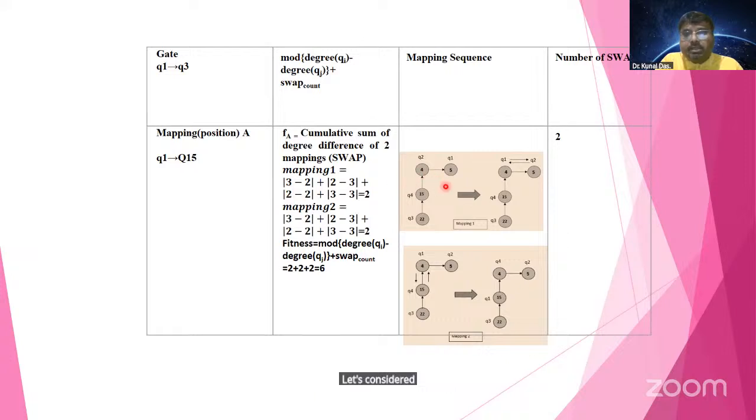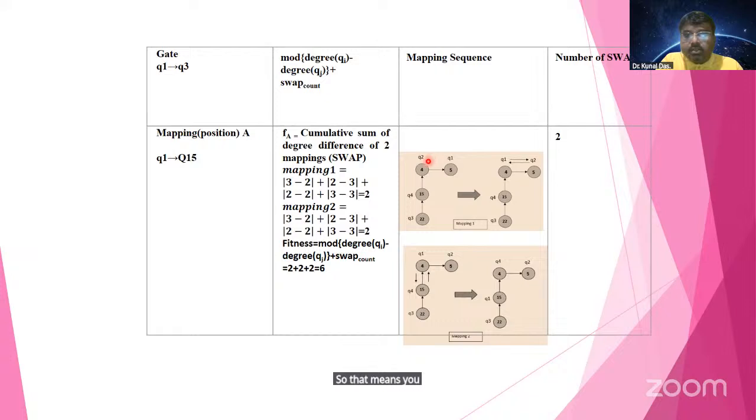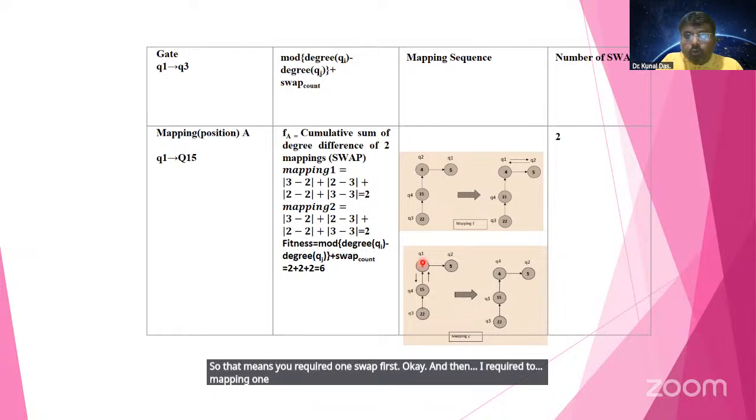Now, where is the Q1? This is the Q1 and it's moving towards Q2. So you can see the Q1 will first move to here. So that means you require one swap first. Okay. And then I require mapping 1 and then mapping 2.